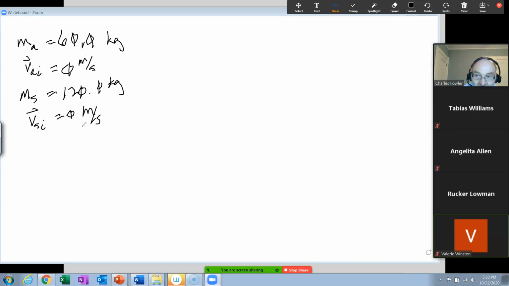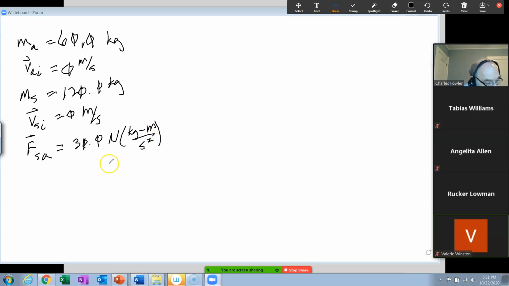Now he pushes on the spacecraft. So I'm going to put the force on the spacecraft by the astronaut. I'll put that as a vector quantity. It is 30.0 newtons. Now again, I like to put that in fundamental units: kilogram meter per second squared.